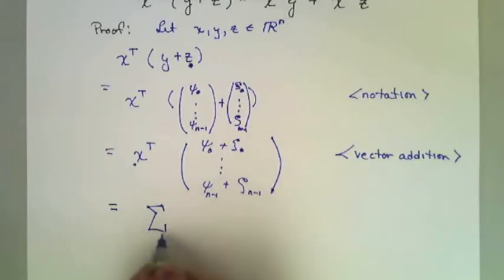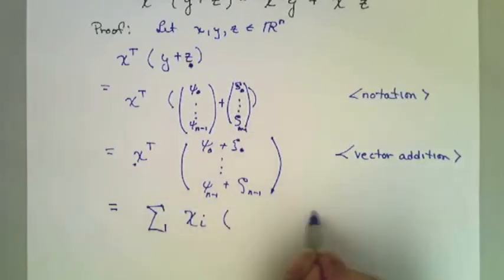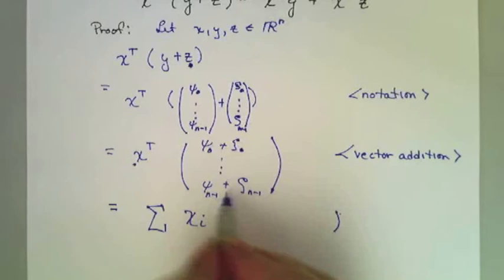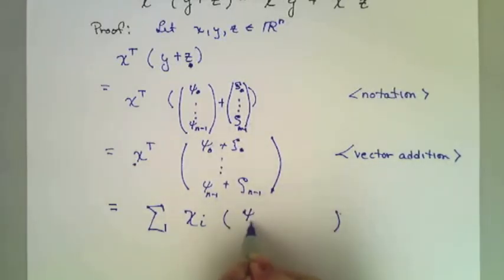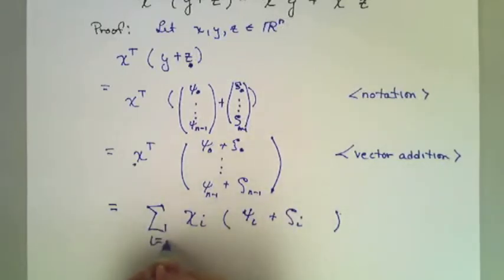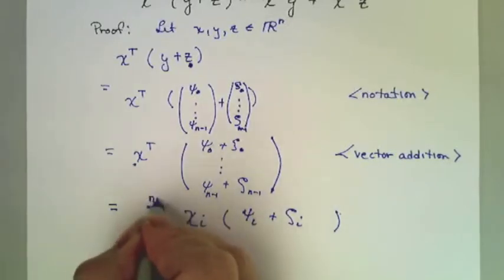So we'll be adding the product of the chi i's times the corresponding component in the resultant, which would be the psi i's plus the zeta i's, and then adding this from 0 to n minus 1.